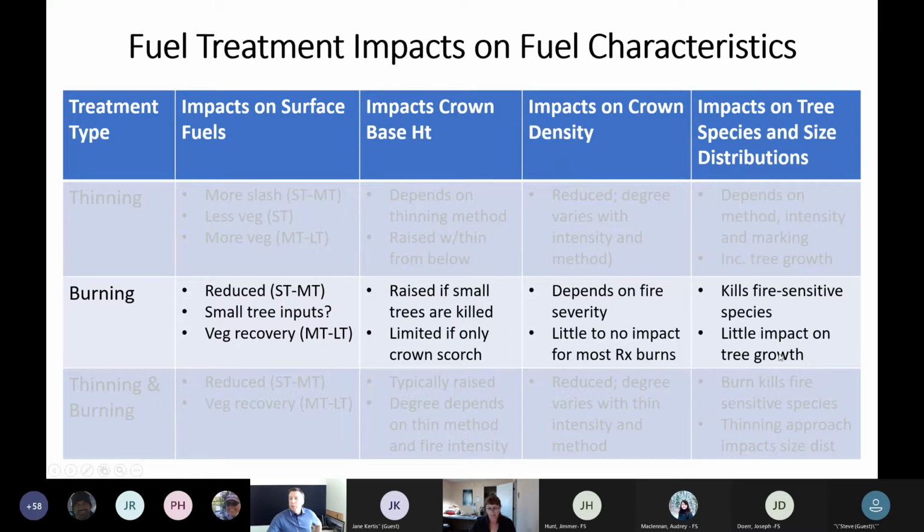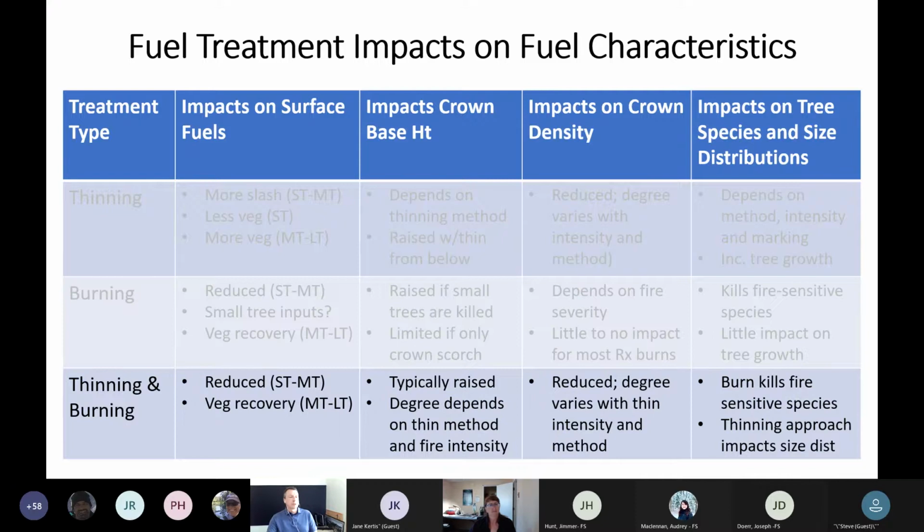But fire's use as a silvicultural treatment can have pretty significant impacts on tree species and size distributions, right? It tends to kill smaller fire-sensitive species while having much less impact on larger diameter and fire-resistant species.